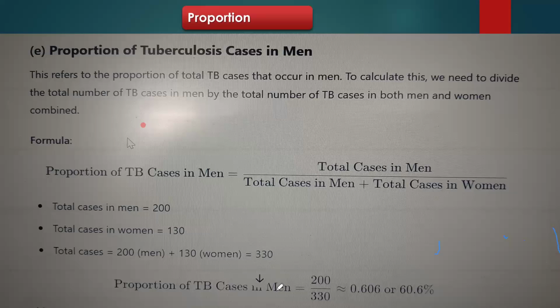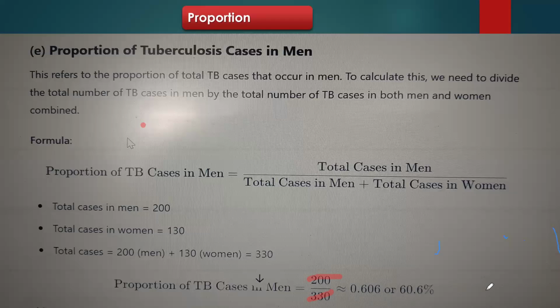So substituting in the formula, the total cases of tuberculosis in men was 200, and the total cases of tuberculosis is 330. By the time we cancel out, we are going to have 0.606, or approximately 60%, because you are going to multiply by 100.